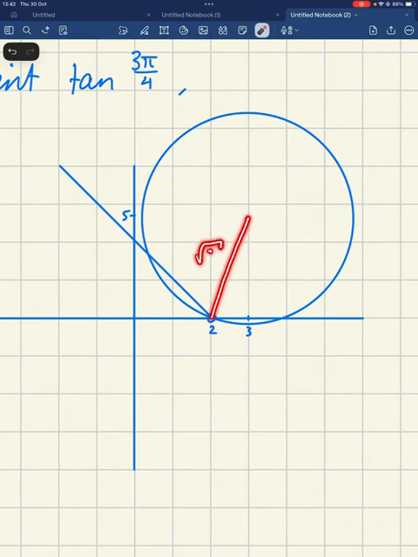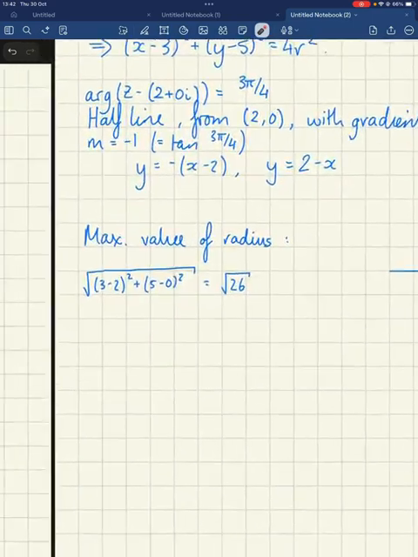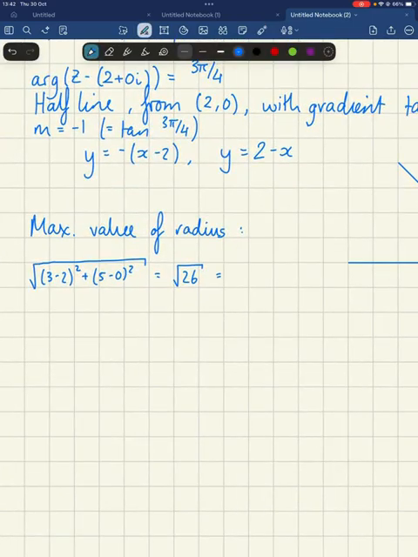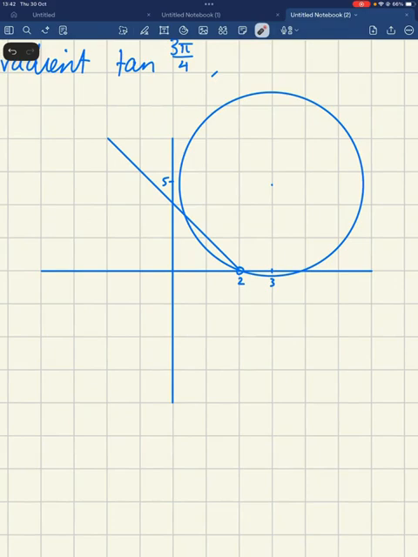So this length over here is the square root of 26. Oh, but our radius was 2r, so that's equal to 2r. So r is equal to root 26 over 2. So this is our maximum value of r, because that's when we're reaching this point over here.